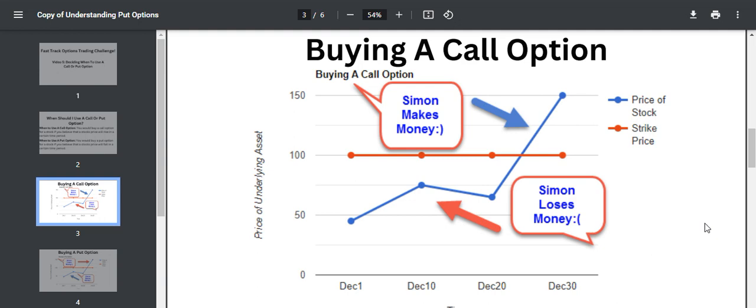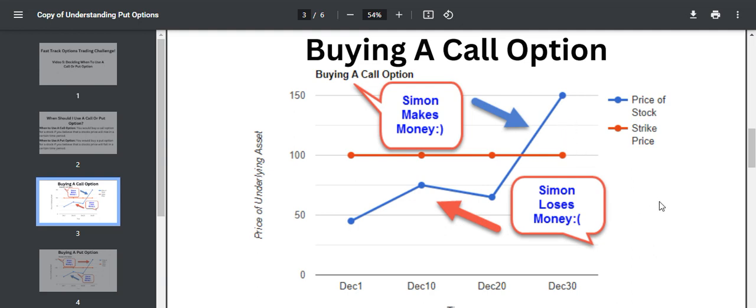In this example, the stock price of stock X rises up to $150 on some positive news put out by the board of the company, which is exactly what Simon wanted, and this happens well before December 30th. This means Simon is in what we call the money.